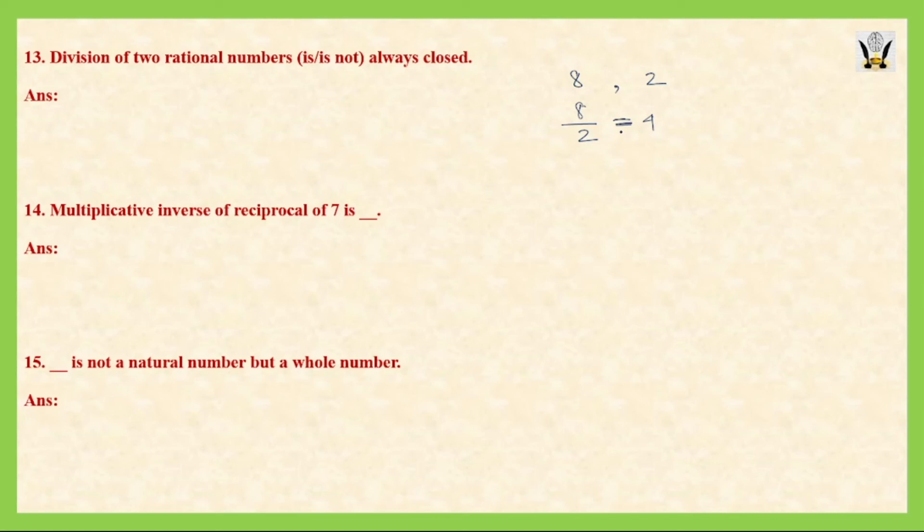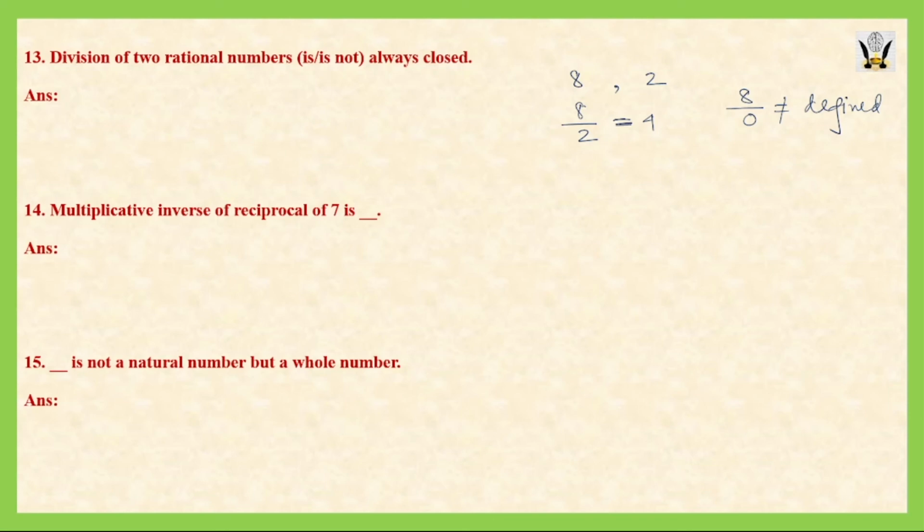But there is an exception, and that is if we divide any rational number by 0, then that is not defined. As we know, we cannot divide any number by 0, be it a rational or irrational number. That means we cannot say that the rational numbers are always closed under division.